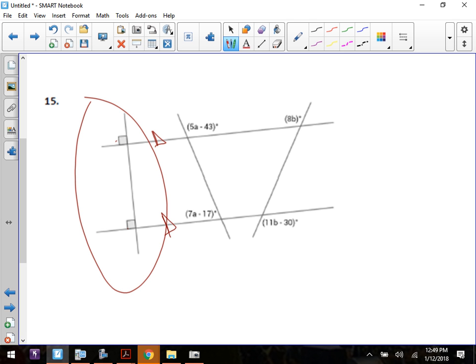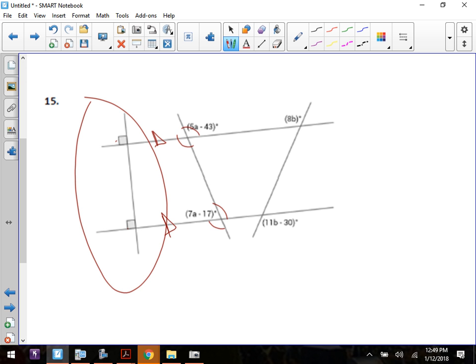Well, when you get to the transversals, remember the one trick that I showed you guys was if you follow through your tick marks, if they both have a tick mark, they will always be congruent. If they both don't have a tick mark, they will be congruent. If one has a tick mark and one does not have a tick mark, they are going to be supplementary.